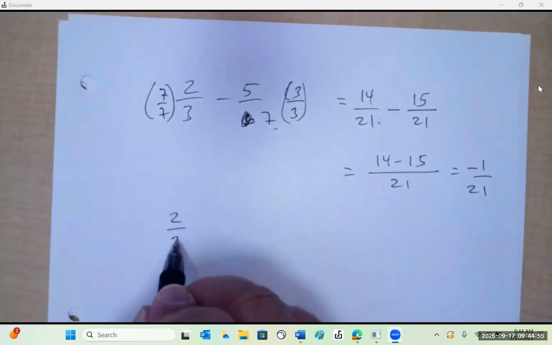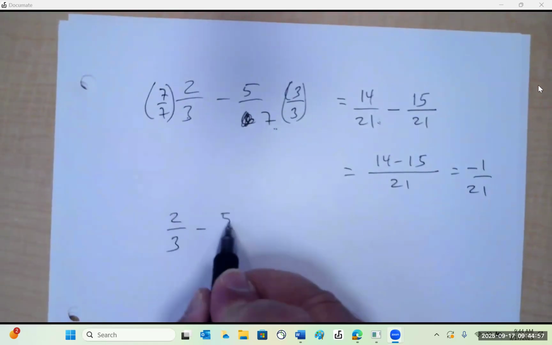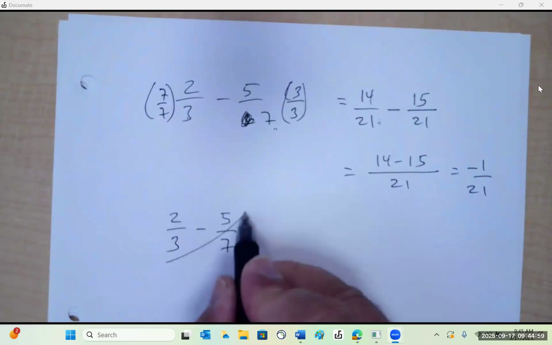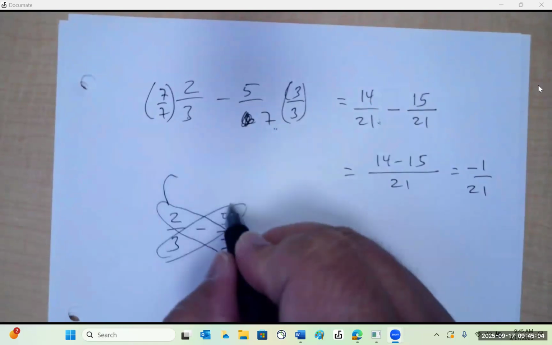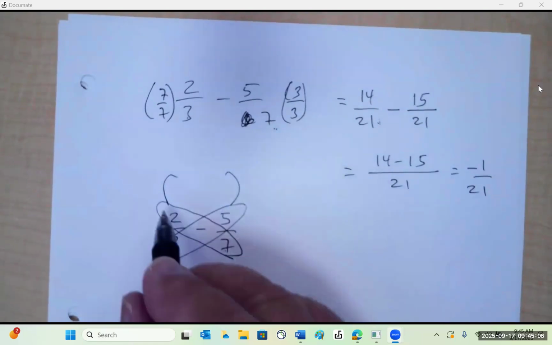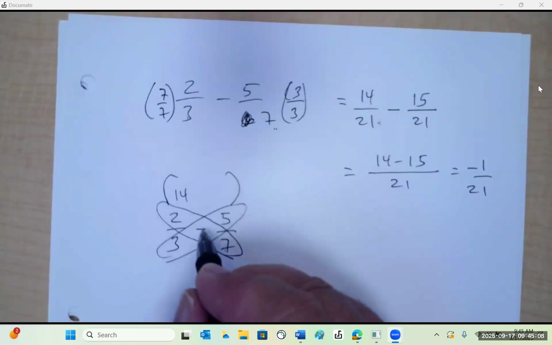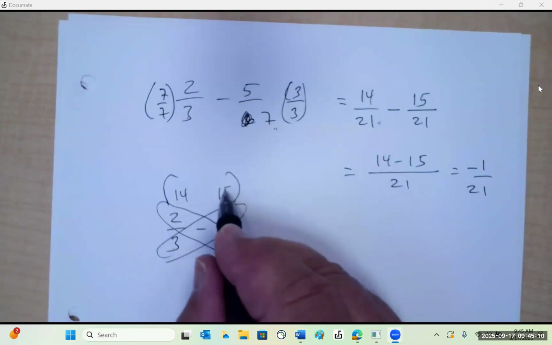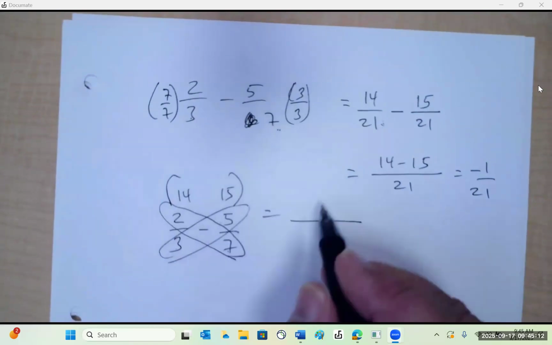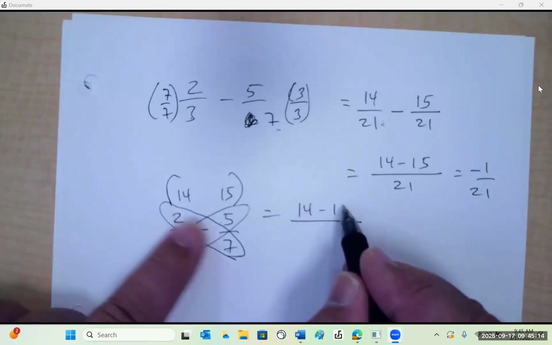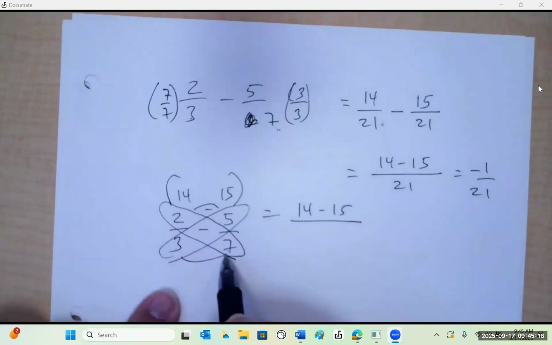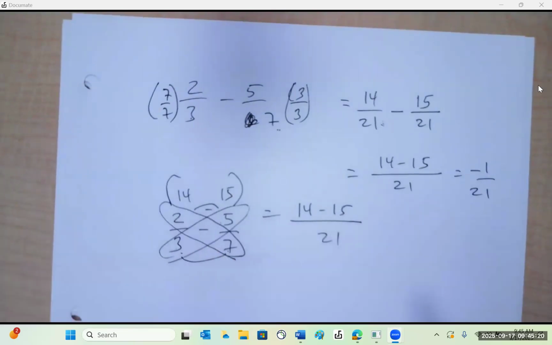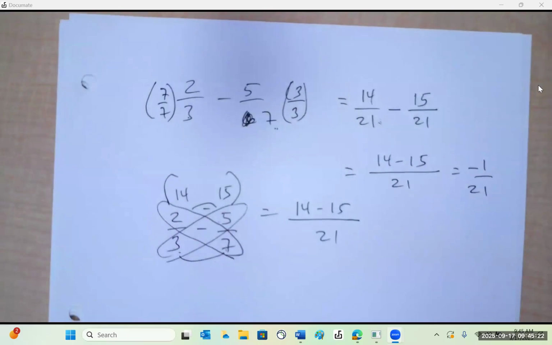As opposed to seven times 2 is 14. 3 times 5 is 15. So we have 14 minus 15. 3 times 7 is 21. So you skipped all this other writing.